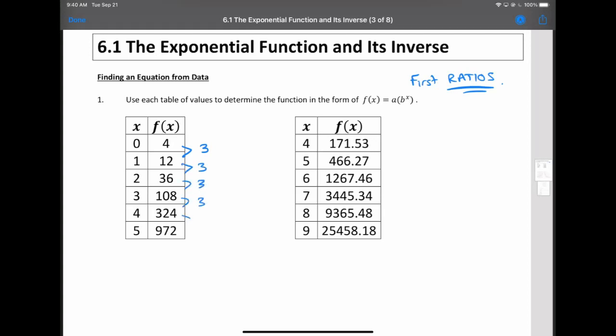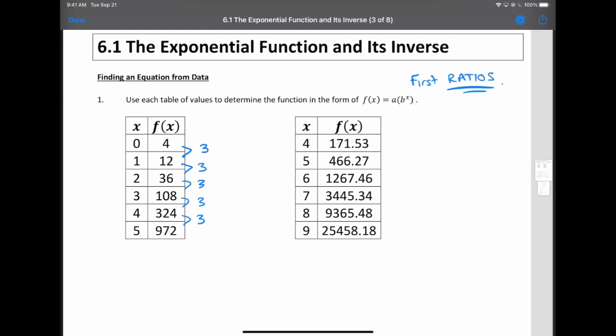And in all of these cases, you're going to see I multiply by 3. Now, if the numbers were not obvious to you, then you can always do the second value divided by the first, the third value divided by the second. So 12 divided by 4, 36 divided by 12, 108 divided by 36, and then you'll get those threes out.